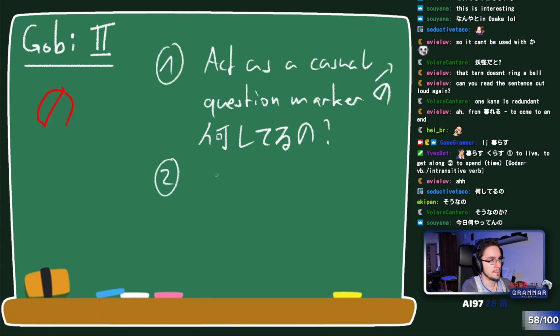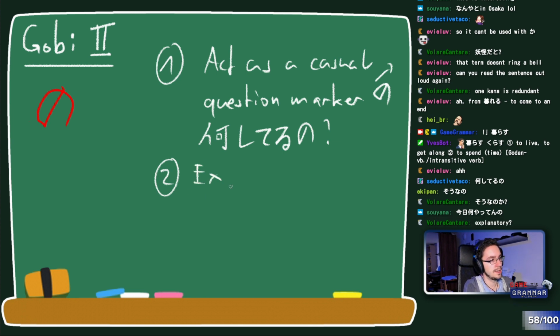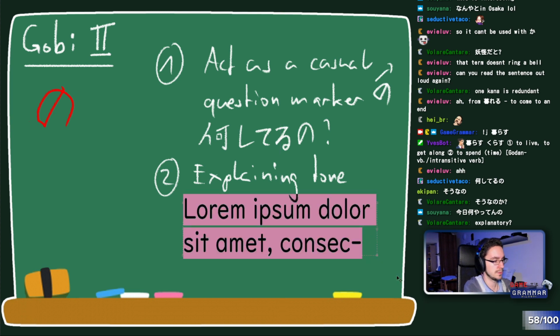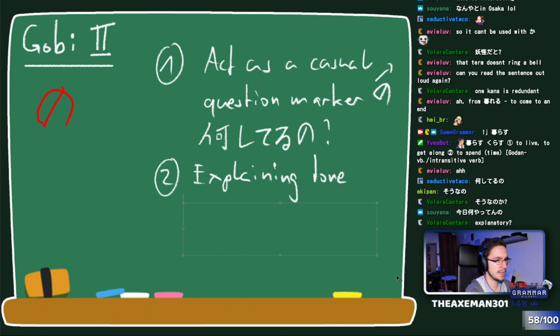The other one is often called the explanatory no. When you use no at the end without it being a question, it gives it a tone as though you're explaining something. The example they give here is pretty good, so I will use this one. Again, this can sound a little bit feminine, but not necessarily.